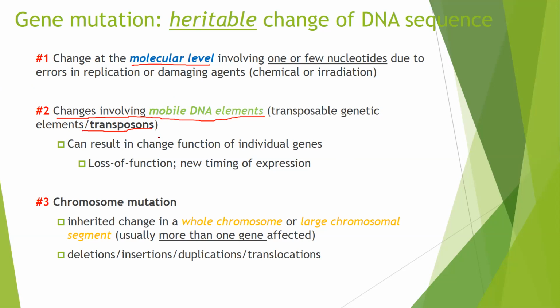This jumping and insertion or leaving from a specific genomic locus can produce mutations, right? And after that, we're going to talk about chromosomal mutation, so mutation involving the entire chromosome, either missing, duplication, or recombination, something like that.